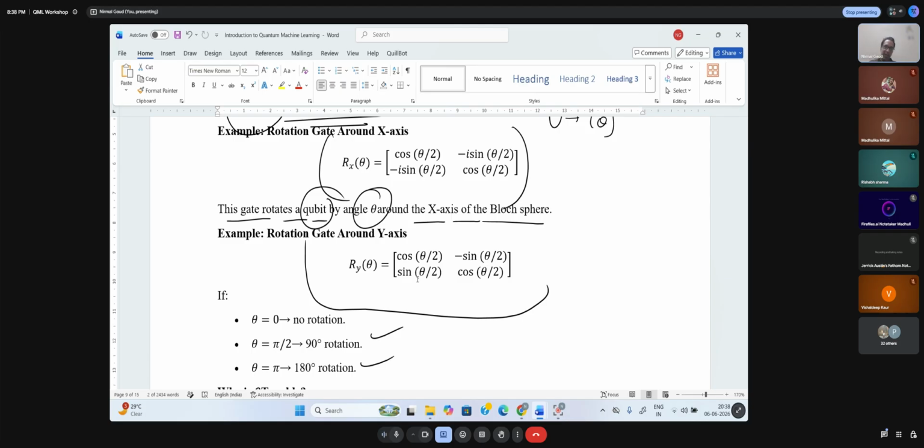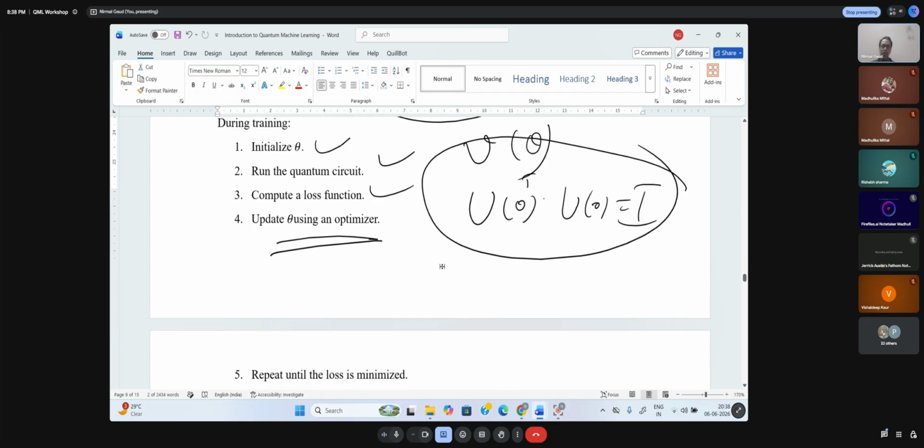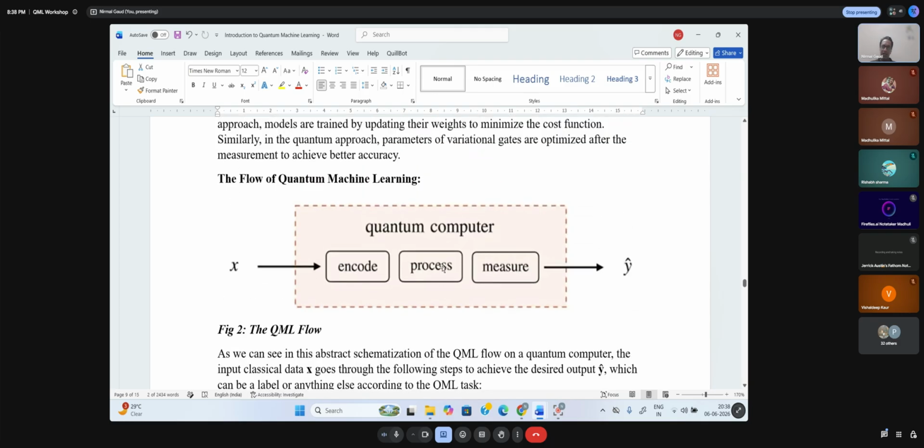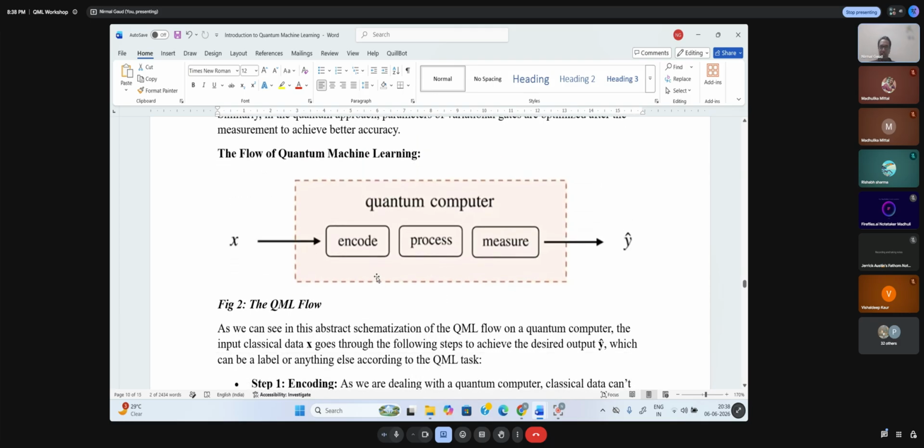The particle is rotating, with positive rotation or negative rotation by a certain angle, possessing energy. That energy is the qubit: 0, 1, or a superposition of both of them, represented by a function U theta, and we need to optimize that function just like we do in machine learning. So, what is the flow of quantum machine learning, and what process do we need to follow in order to solve it?